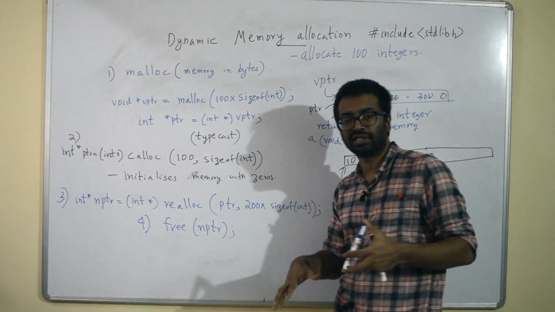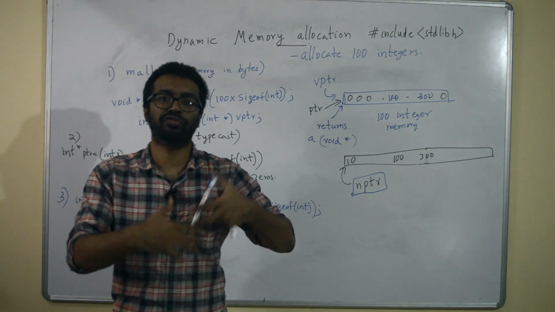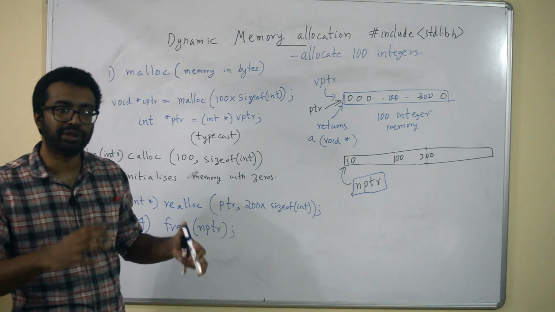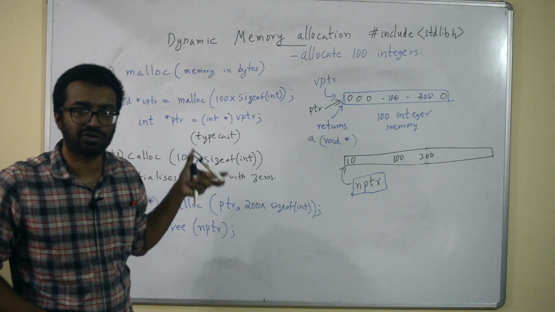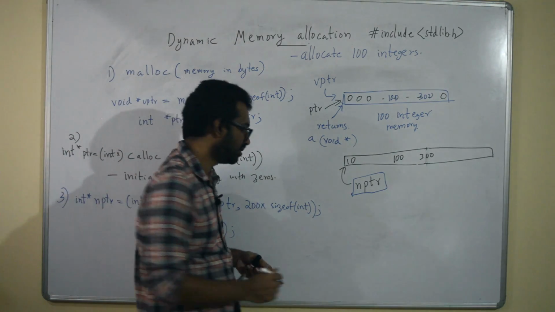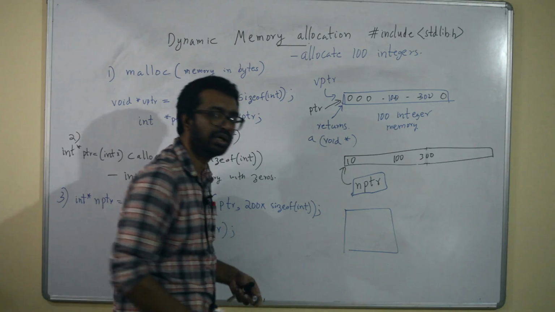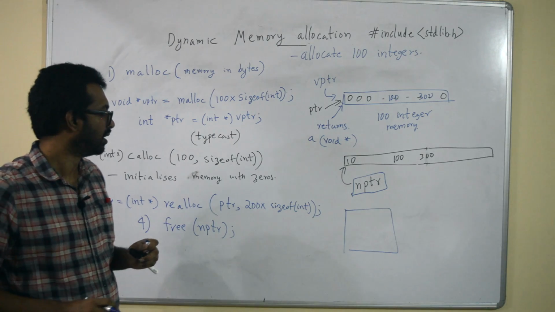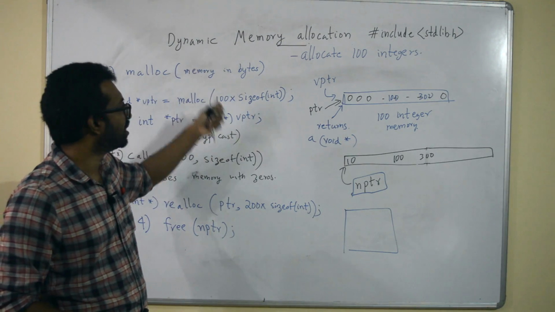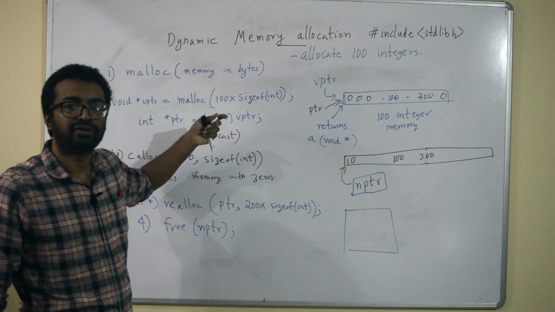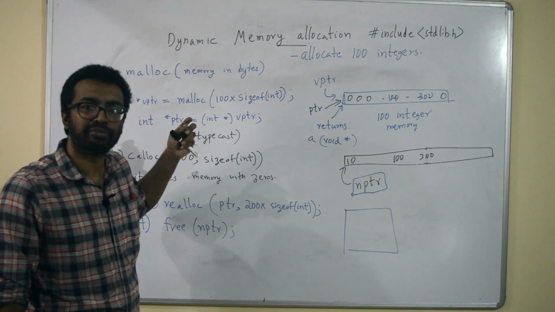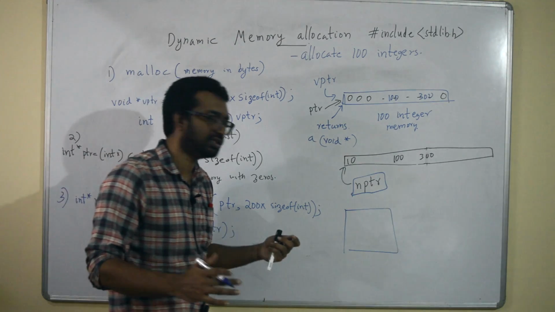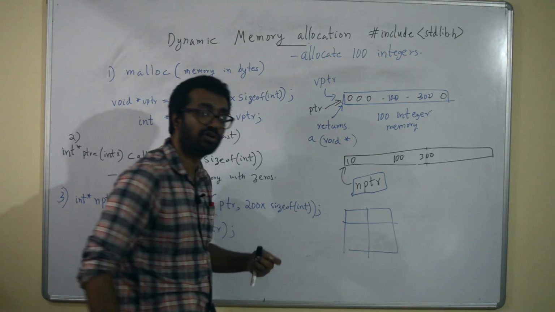Okay, so there's a lot of internal work happening here. When this memory was allocated to NPTR by either malloc, realloc or calloc, a table is maintained. I'm giving you a very brief, very abstract idea of how this works. A table is maintained by your machine, where, when you allocate memory using malloc, calloc or realloc, the following information is stored.